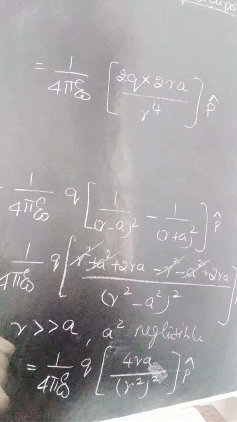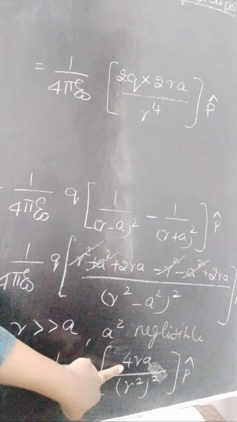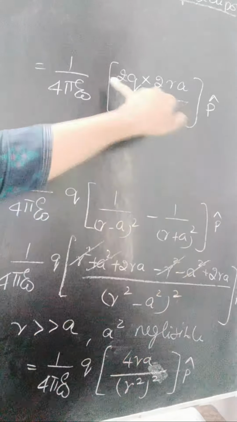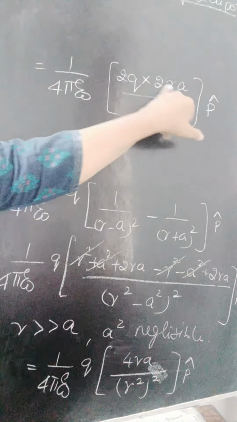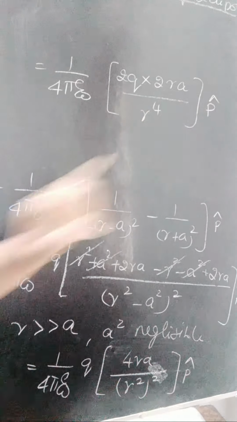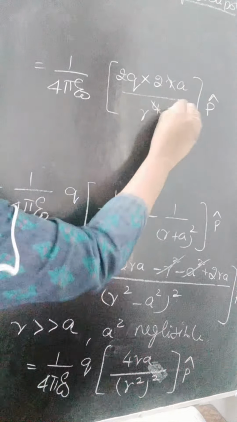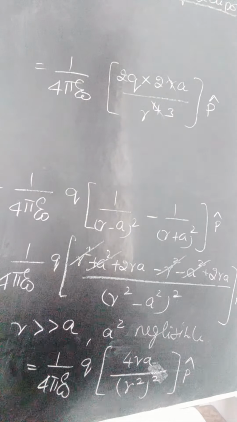Shall I write like that? I separate the 4. When I separate it, 2 into 2, q I took. So 2q into 2 into r into a divided by r power 4. R and r power 4 will get cancelled, so I will get r cube, right?